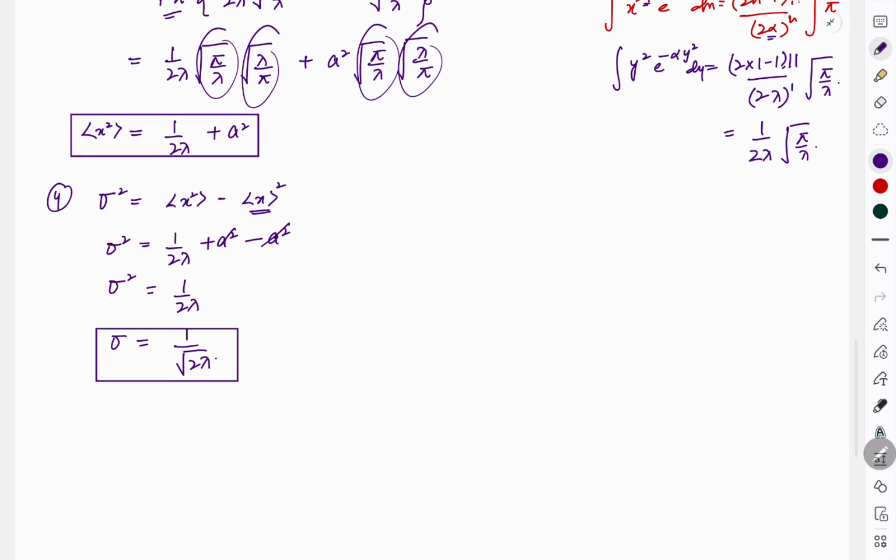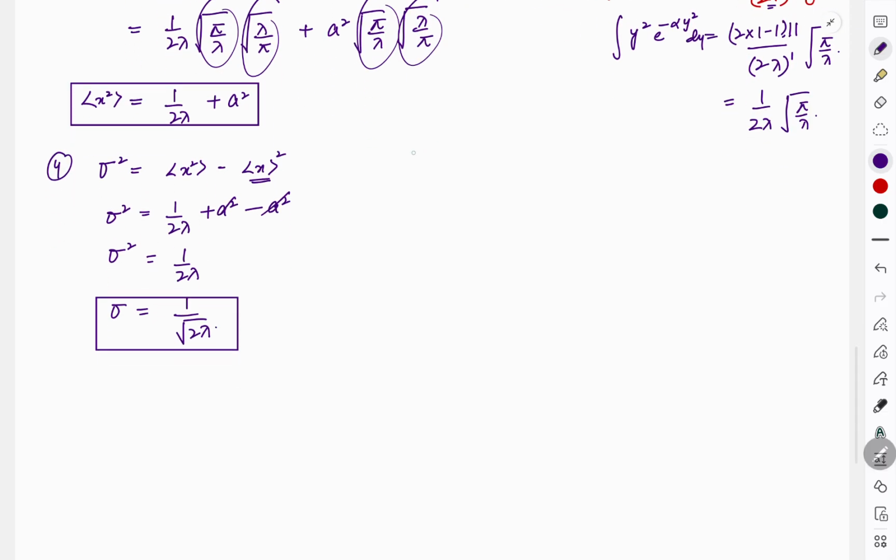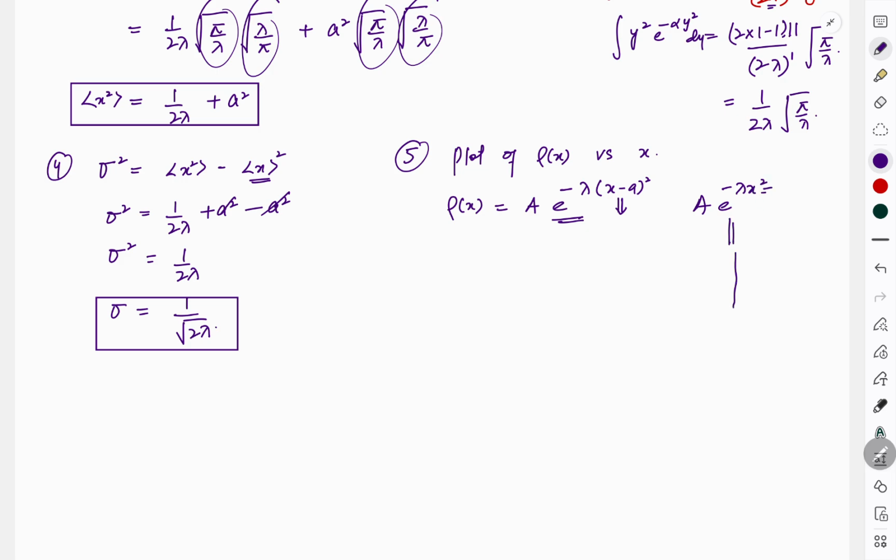Now let's do the final part of this question, which is plot of probability density versus x. Okay, rho of x is given as a e power minus lambda x minus a whole square. So obviously this is the Gaussian integral, and it is centered at x equals a. If it has been like this, a e power minus lambda x square, so this one is centered at origin, like here, so it would be like this.